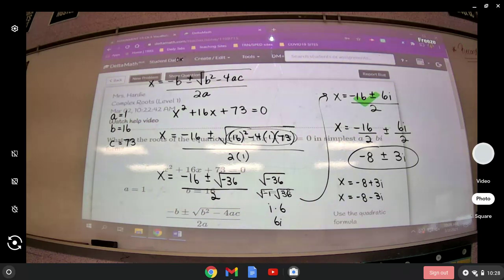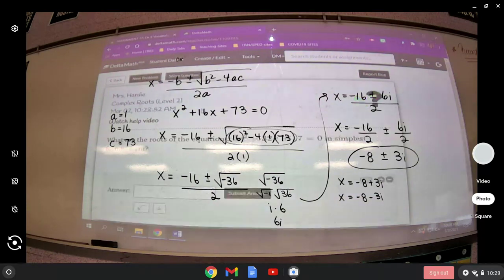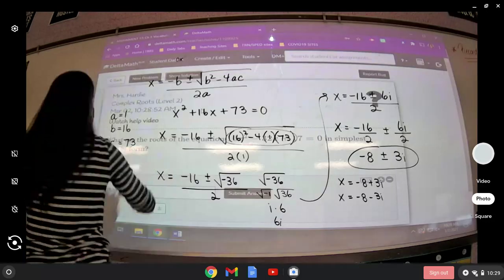This could work. Okay. All right, let's try this one. All right, guys, let's try this one as example 3.